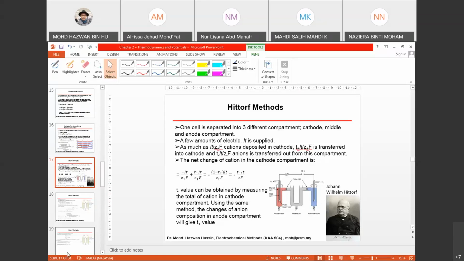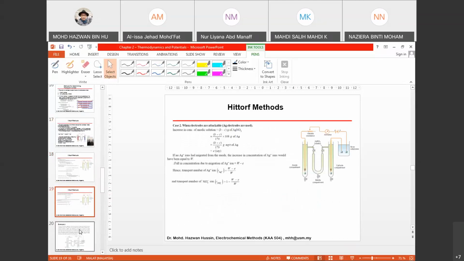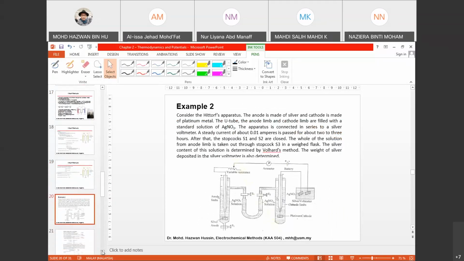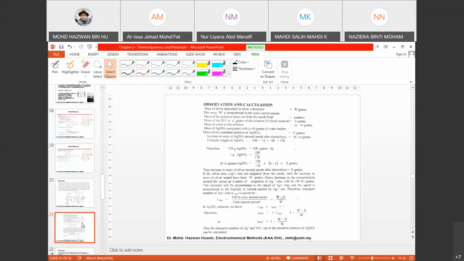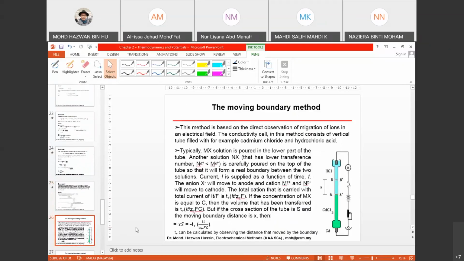So in application, I'm not sure whether some of you took separation methods. Anyone took separation methods? One of the methods in separation is electrophoresis, like gel electrophoresis or capillary electrophoresis.